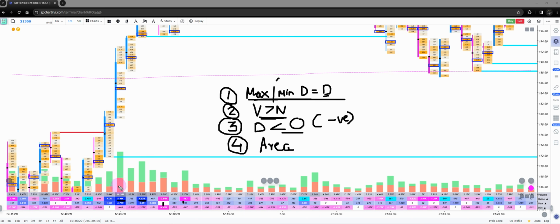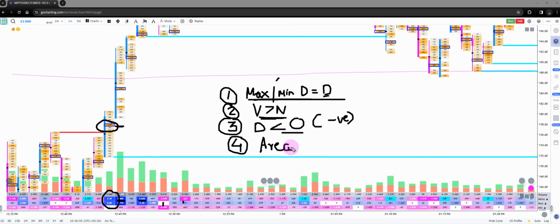For example, when I'm talking about a bar where the max delta is equal to delta, you see the volume transacted at this place. This is the POC, and more often than not, the maximum buying pressure, or the maximum market buy orders, would have been there. So this area should have been breached.